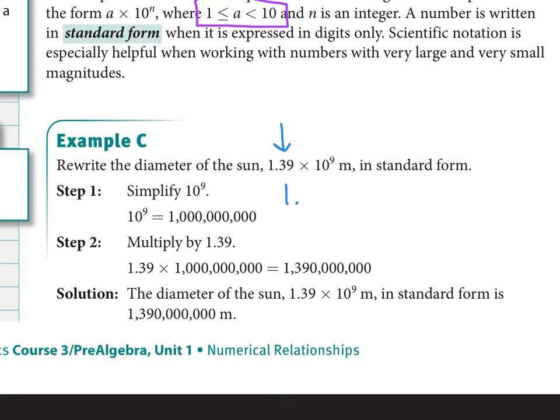So it's 1.39, and we need to move our decimal point because we're multiplying by 10 to the 9th power. So we're going to move it to the right 9 times. 1, 2, 3, 4, 5, 6, 7, 8, 9. 2, 3, 4, 5, 6, 7. So we will have 7 zeros. And if you see, our number right there matches up, it's 139 and then 7 zeros. So that would be 1,390,000,000.